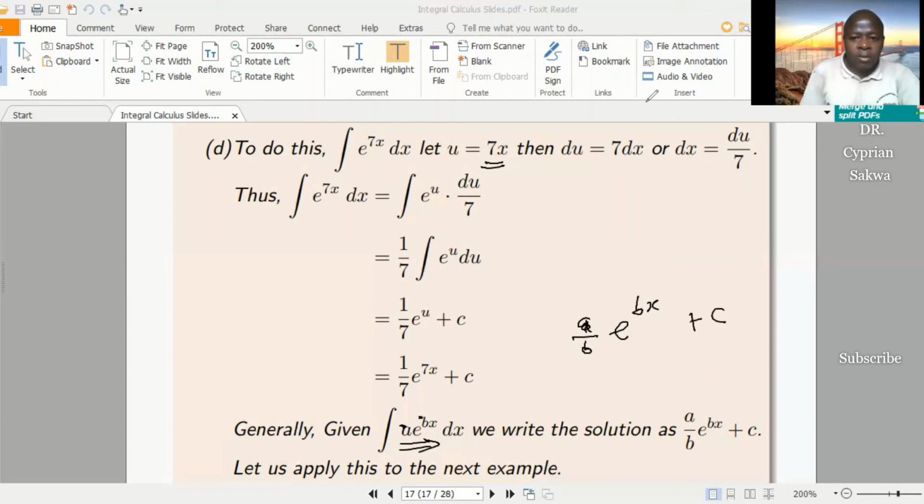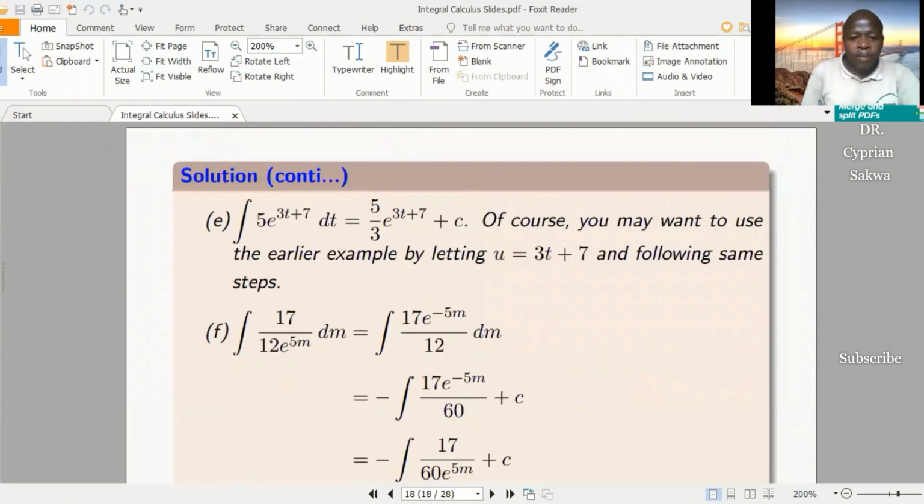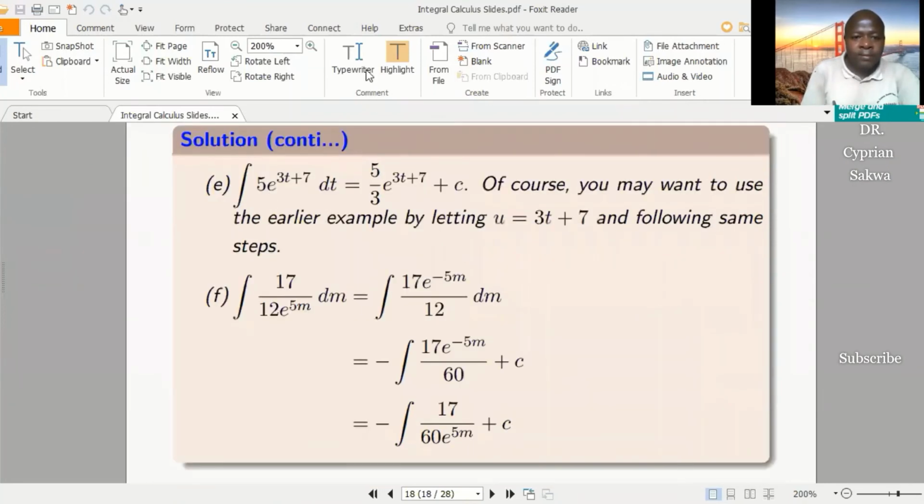I want to do that in the next example, so that we reduce the workings. So in this next example, I have 3t as the power, and I have 5 here as a constant. This 5 is now my a and this 3 is my b.